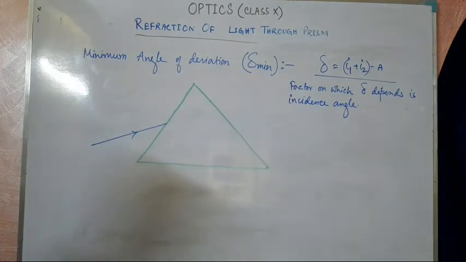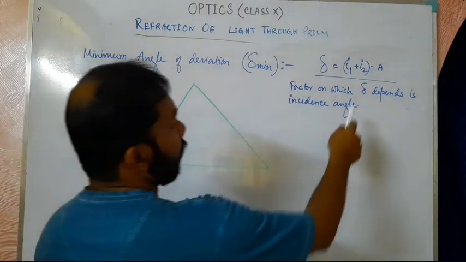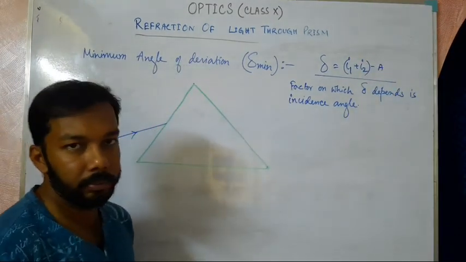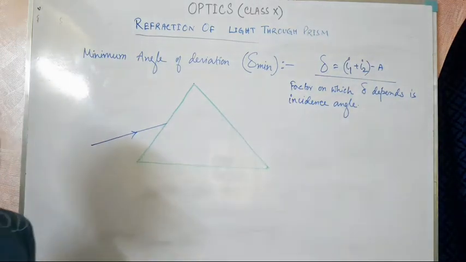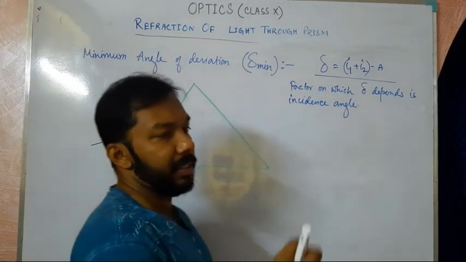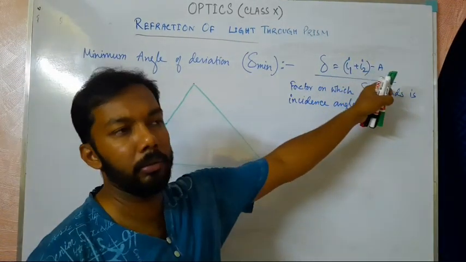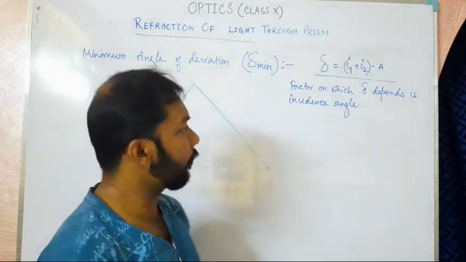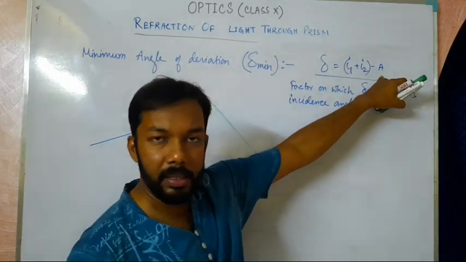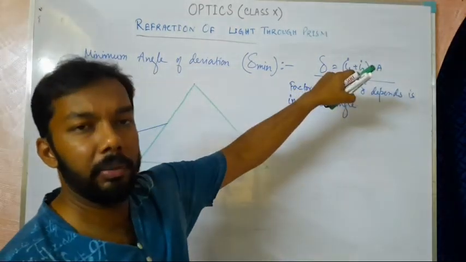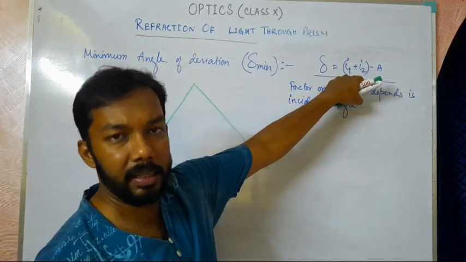You can see from this equation, A is constant and I1 and I2 depend on each other. So if we vary the incidence angle, I1 or I2 will change accordingly. A will remain the same and delta will change with the incidence angle.